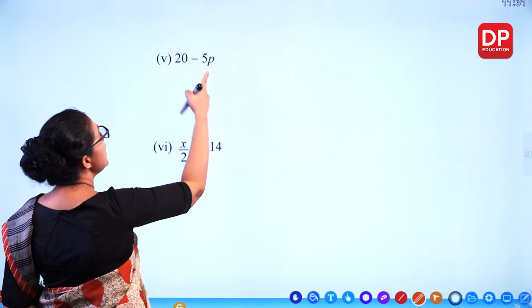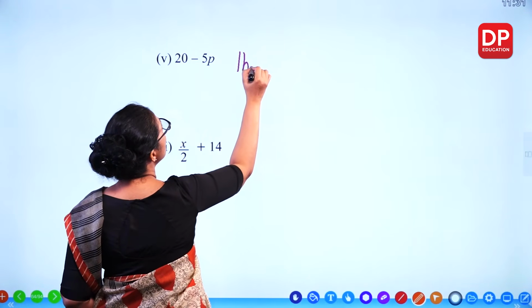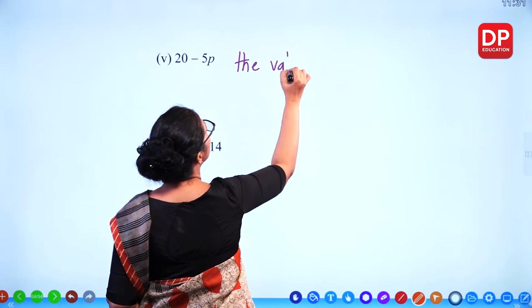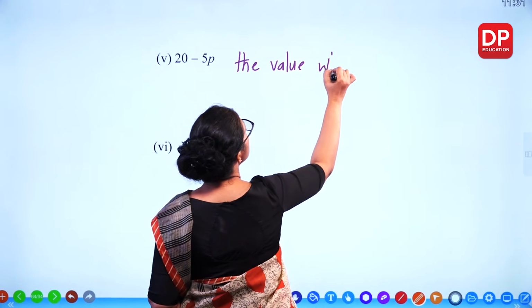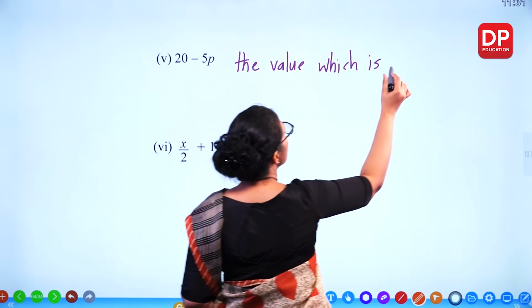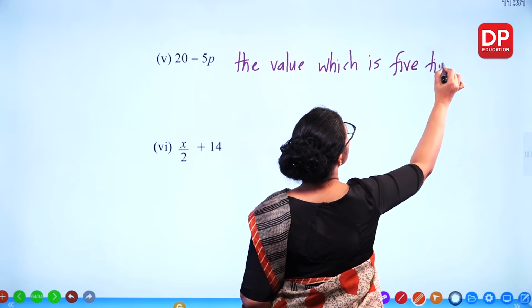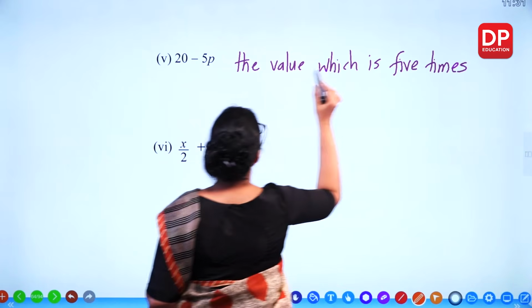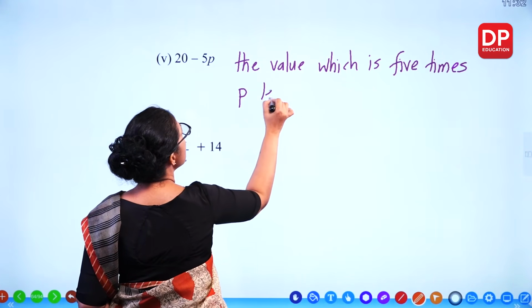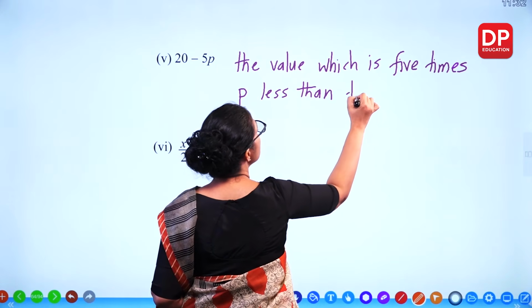5 times p less than 20. The value which is 5 times p less than 20.